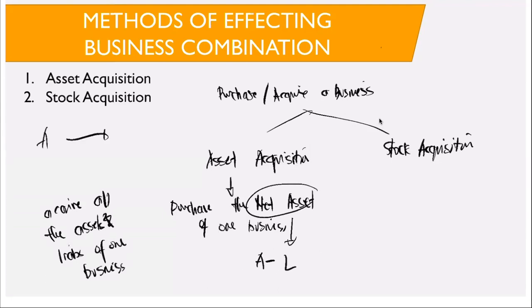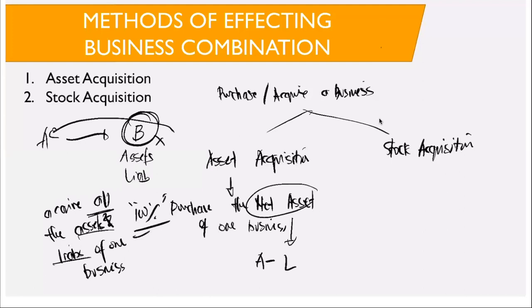If A will acquire B and we purchase all the assets and liabilities of B, what will happen to B? B will now be absorbed by A. So in short, since you acquire all the assets and liabilities, all represents 100%. Therefore, there is a business combination. Just take note, in asset acquisition, it is always a 100% purchase.